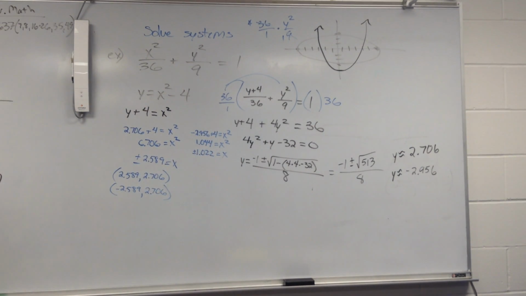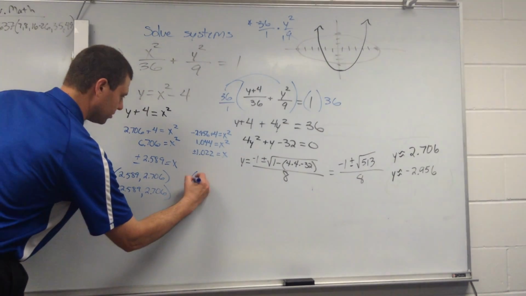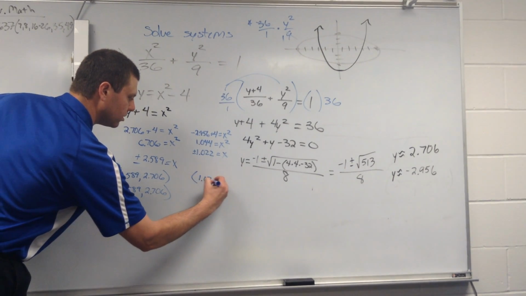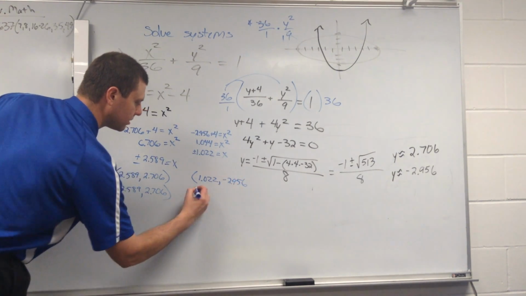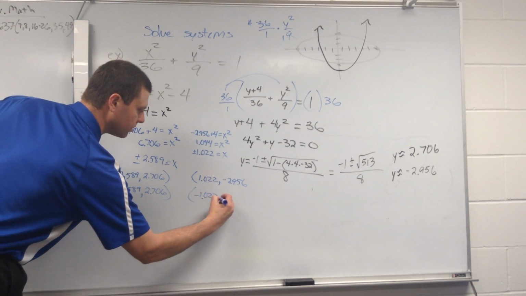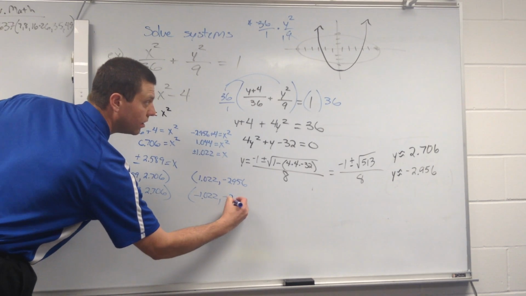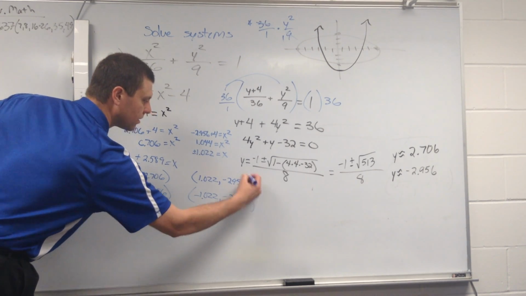So then my other answers would be 1.022, comma, negative 2.956, and negative 1.022, comma, negative 2.956.